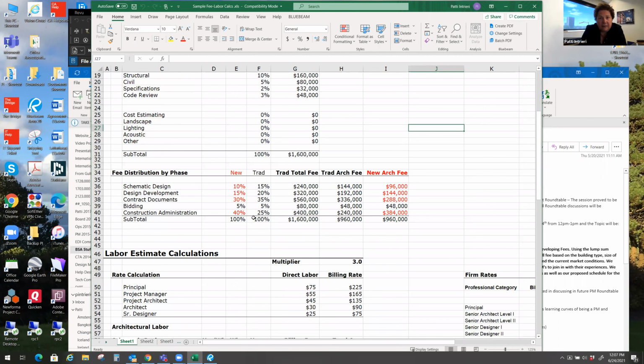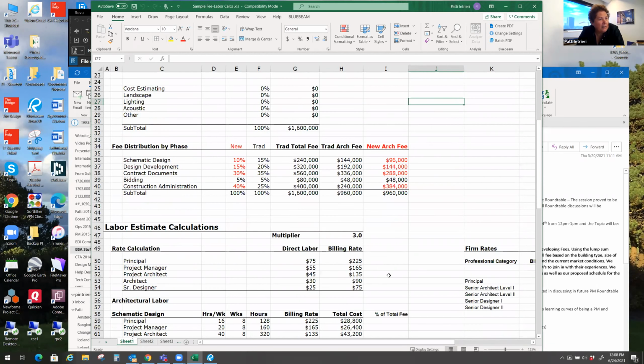Although what we're finding, and it would be interesting to find out what your experiences are, is that construction administration for us is running close to 40% of the job, as opposed to what it used to be, which was about 25%. And so as a result, more money has to be spent in construction administration in order to not lose your shirts as the job is finishing.